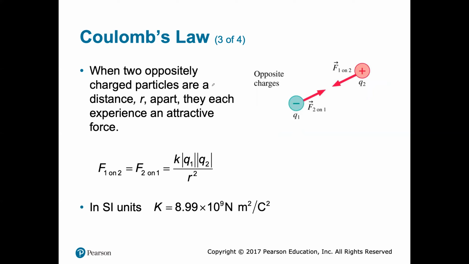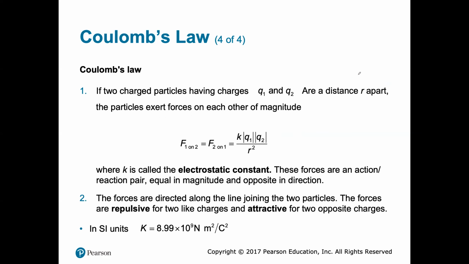However, if the two charges are one negative and one positive, then the equation for the magnitude is the same, but the direction becomes opposite. They attract each other. So that's the entire definition of Coulomb's law. It gives you the equation to calculate the magnitude and also tells you the direction of the forces between two charges.